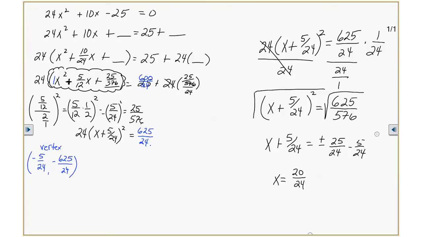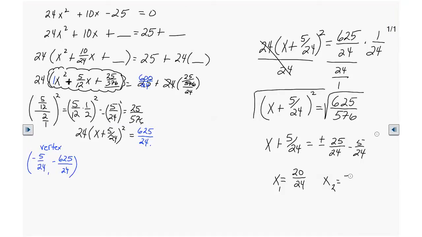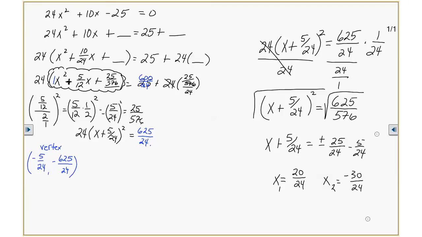That's one x-intercept. And then your other x-intercept is negative 30 over 24. And you can reduce that down, but I really don't care because I just want you to see the mechanics of it.